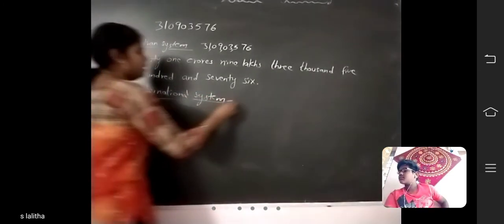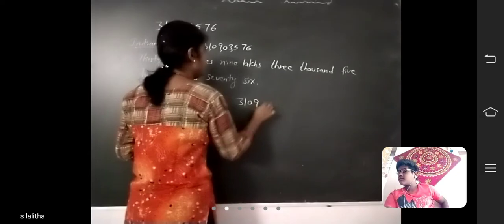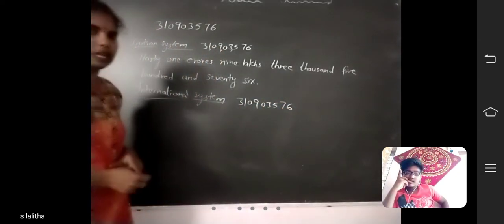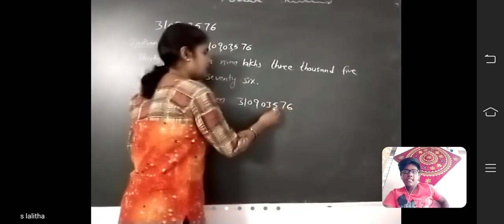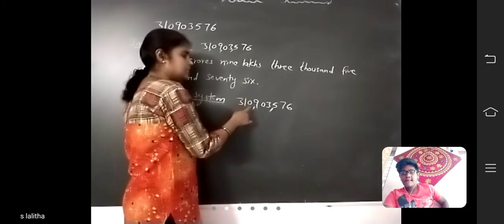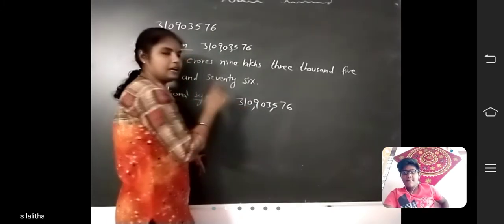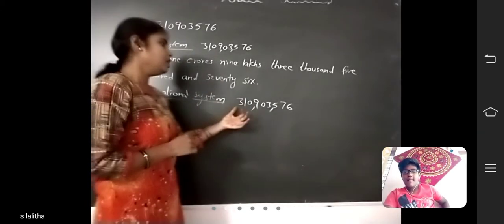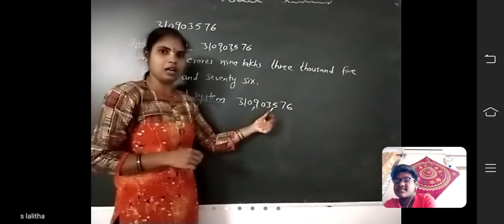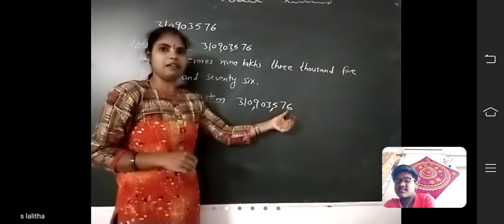Now in the international system. Write the number 310903576. Now keep the commas in the international system. Ones, tens, hundreds, thousands, 10,000, 100,000. Next, millions, 10 millions, 100 millions. Now read with me: 310 million, 903,576.